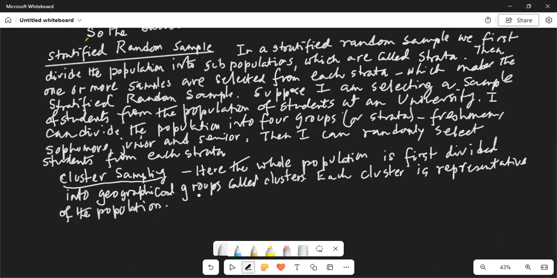Then a random sample of clusters is selected.